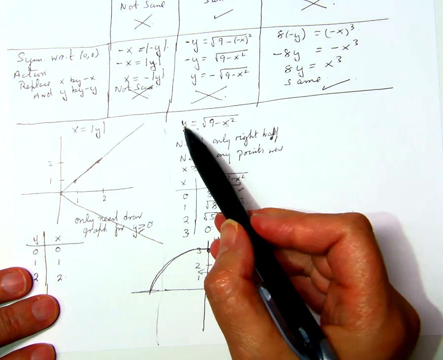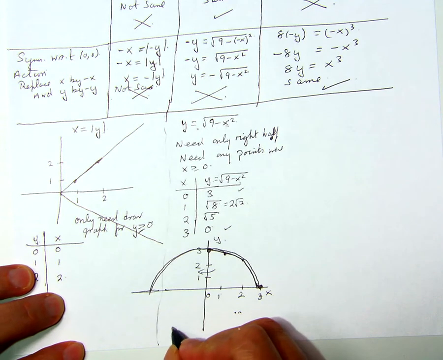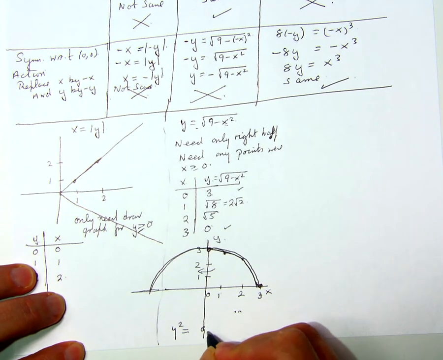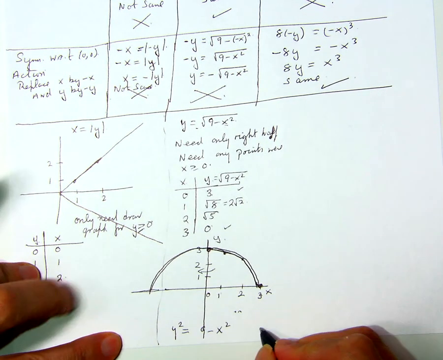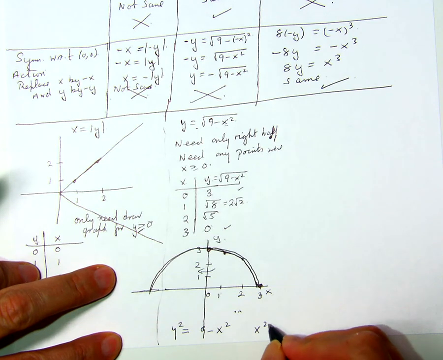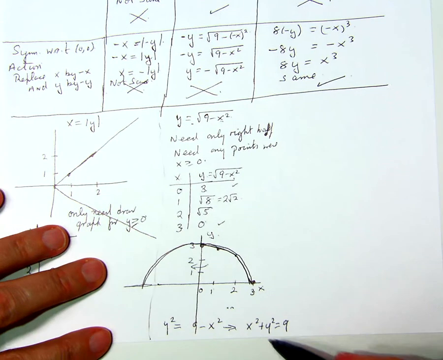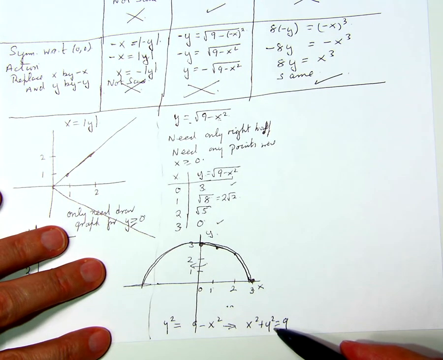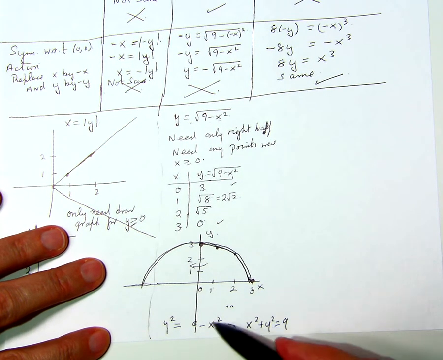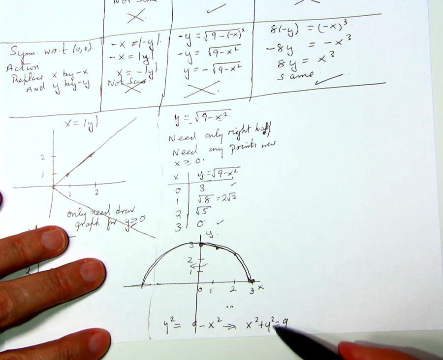Notice that if I square this equation, I get y squared equals 9 minus x squared, or x squared plus y squared equals 9. And so this is the equation of a circle, but by squaring, we're getting more points here.